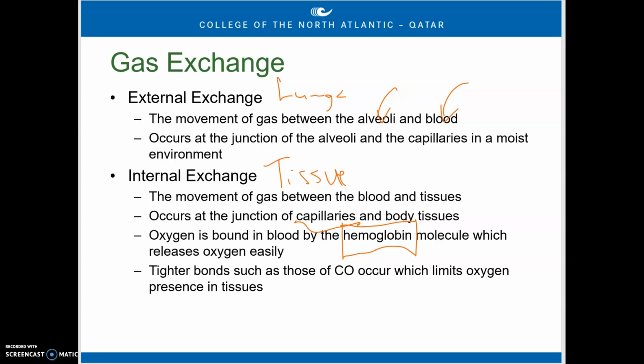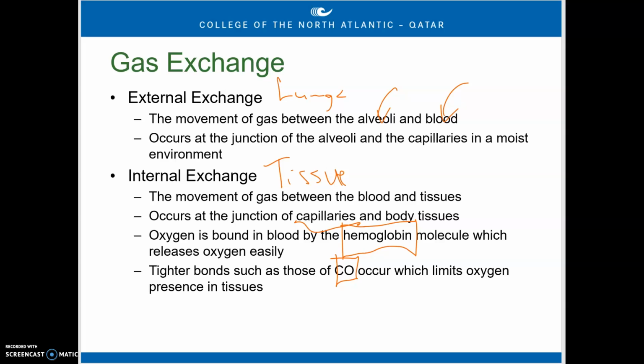Now, if you've ever wondered why carbon monoxide, CO, is so dangerous, it's because we can't use it for our metabolism, okay? But it has a very tight bond with hemoglobin. So if carbon monoxide is present, it will bind to hemoglobin and it won't let go.